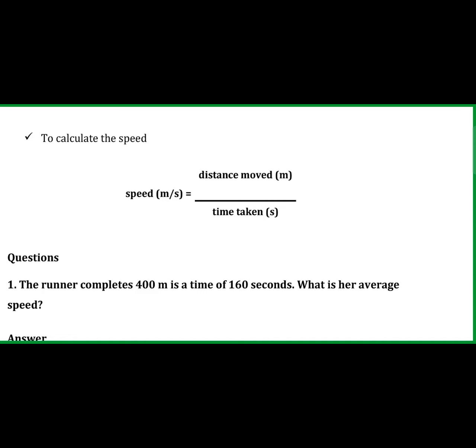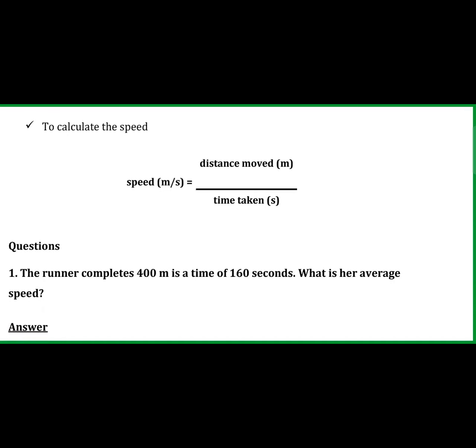The distance is 400 meters and the time is 160 seconds. So I divide 400 by 160 and I get 2.5 meters per second.